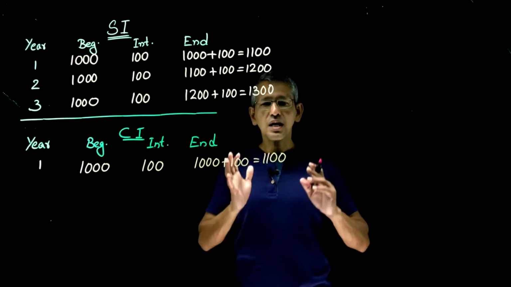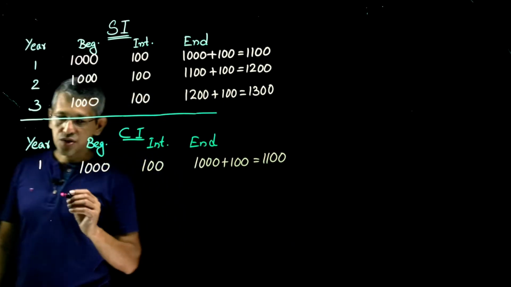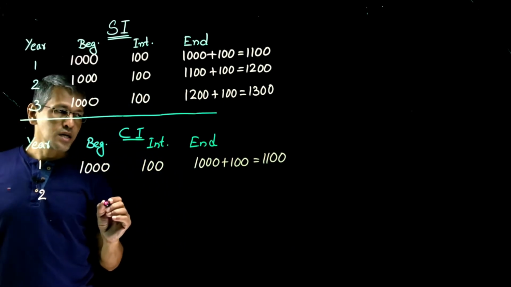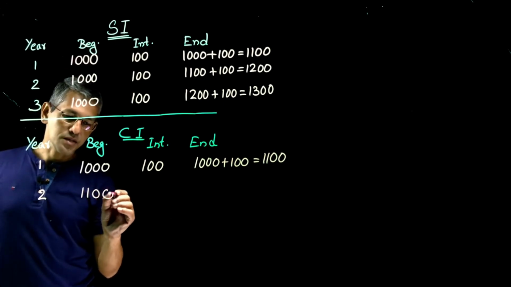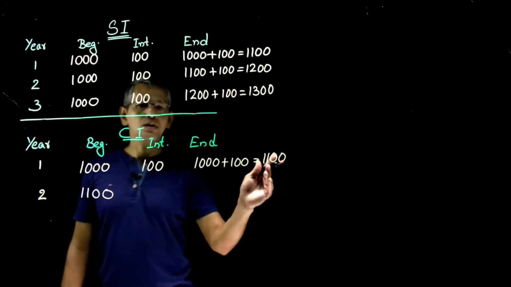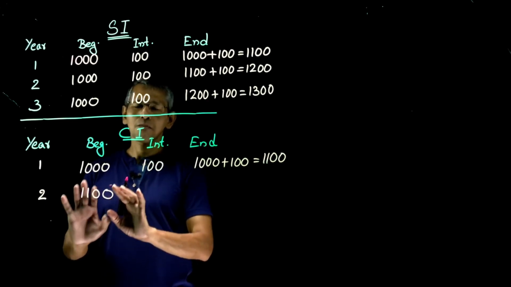Now the difference comes at the beginning of the second year. What happens? The bank will consider your investment as 1,100 rupees, not 1,000 rupees. What is left in your account as the balance, that 1,100 rupees, will be considered as the principal amount.